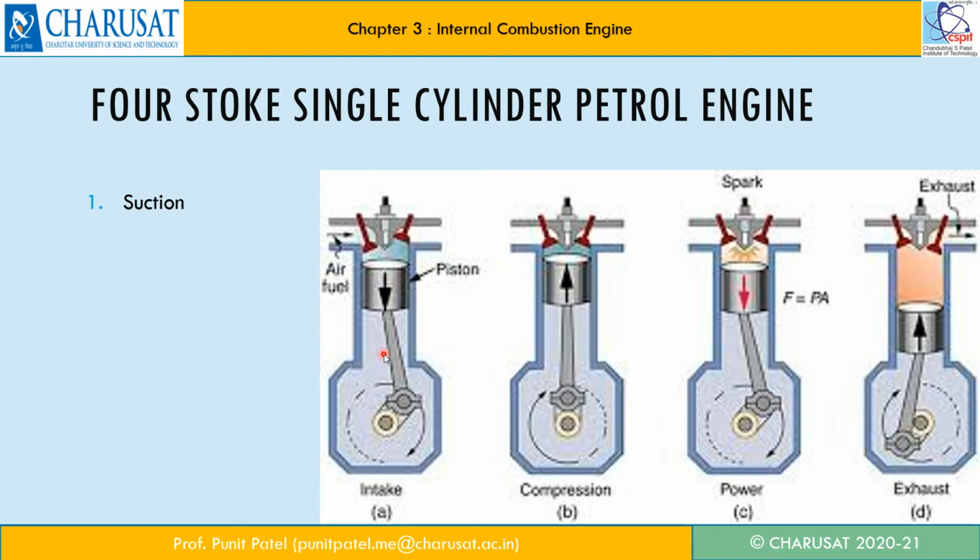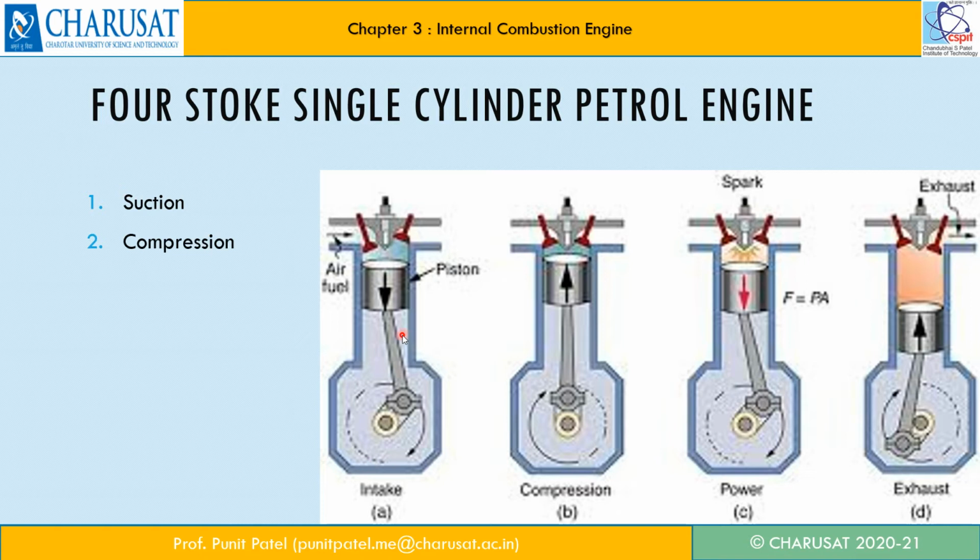Since the volume increases during the downward motion of the piston, the inlet valve lets in the air fuel mixture. When the piston reaches the bottom dead center, both valves are closed. That is the end of the suction stroke. During the suction stroke, the crank rotates half a revolution.